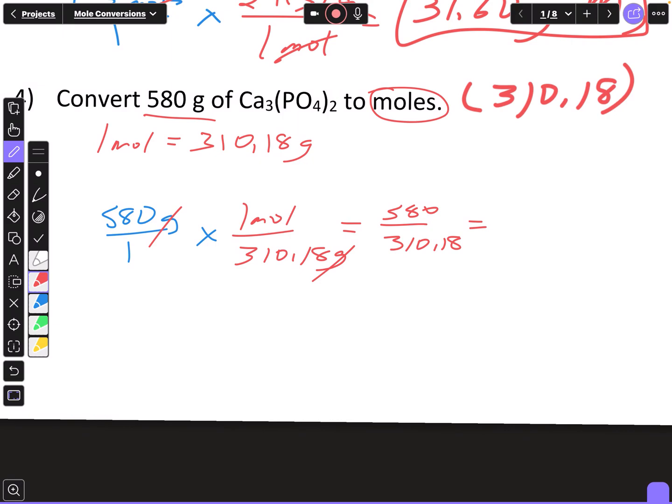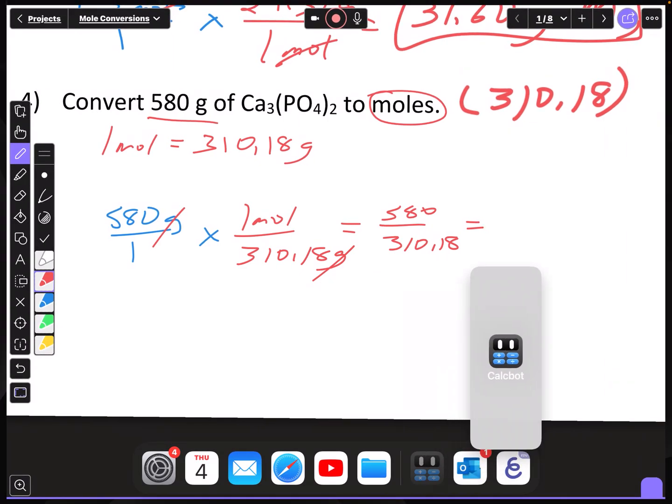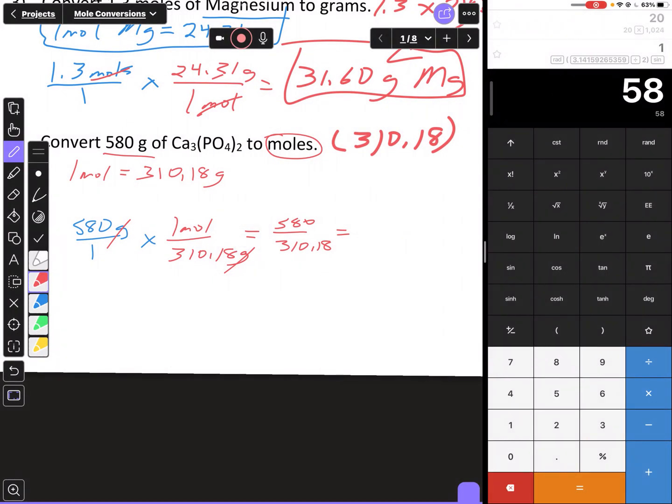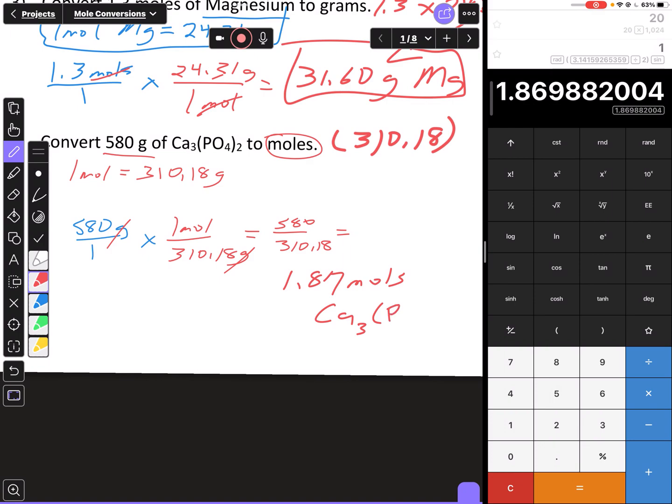And then I divide. And I get 1.869, round that to 2 decimal places. That should equal 1.87. My units are, I went to moles, so that'd be moles of Ca3(PO4)2.